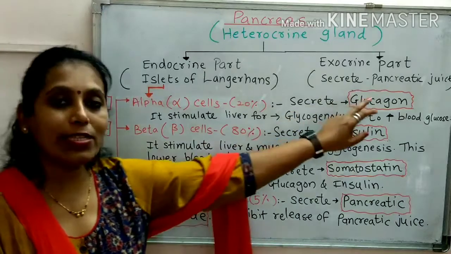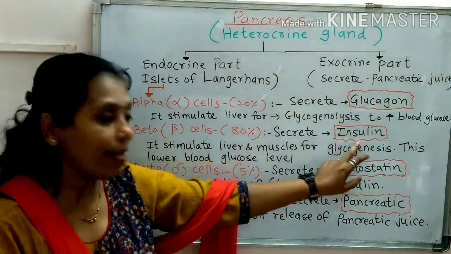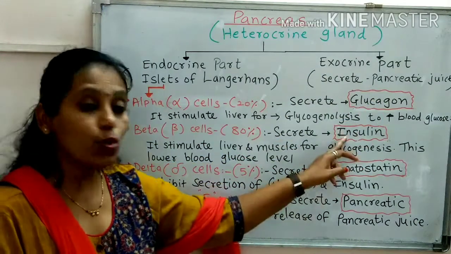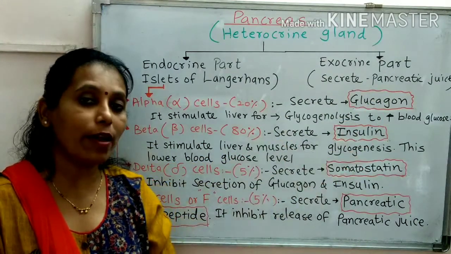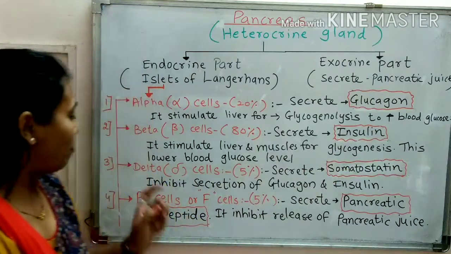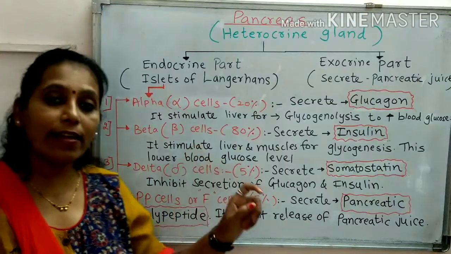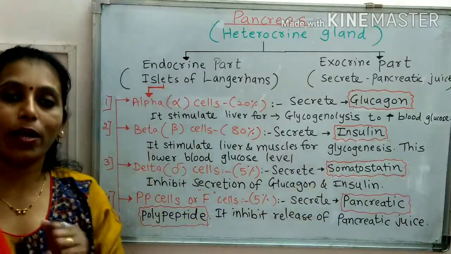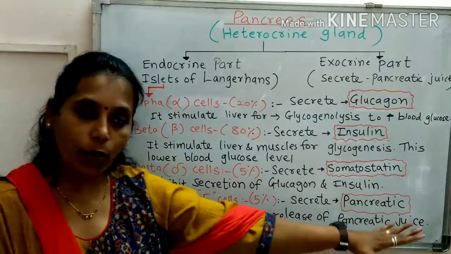If you see the functions of glucagon and insulin, they are antagonistic to each other. Insulin decreases the blood sugar level, whereas glucagon increases the blood sugar level. Delta cells secrete the hormone called somatostatin. What is the function of somatostatin?